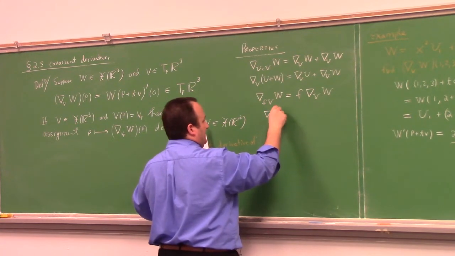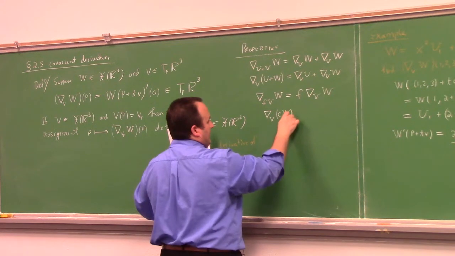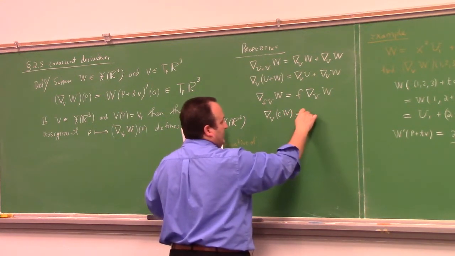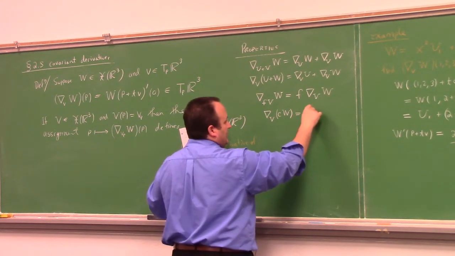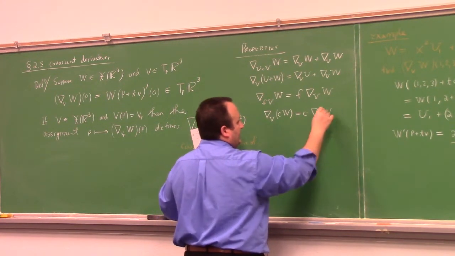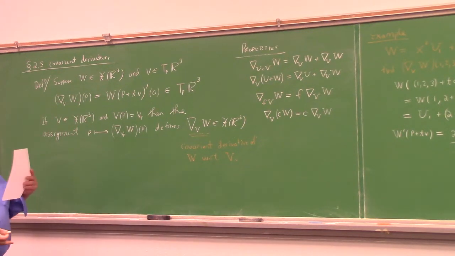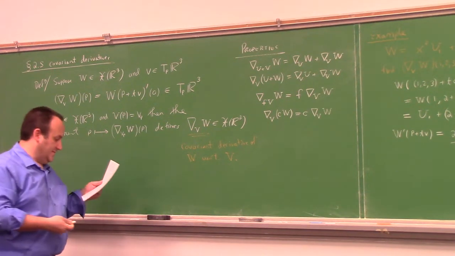I can't put a function inside here, but I can put a constant inside, and I can pull a constant out there. So the roles that v and w play here are not symmetrical, right? It is the covariant derivative of w with respect to v, and the order matters. They're asymmetric in their role.